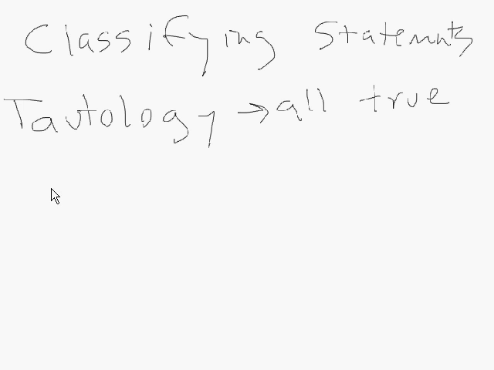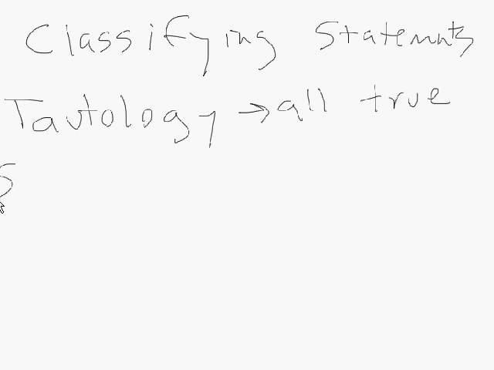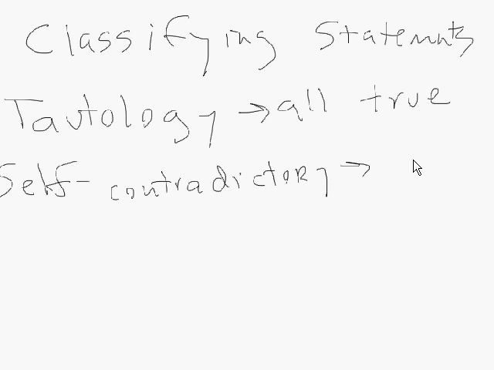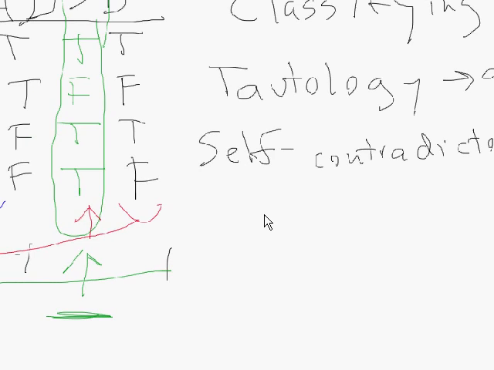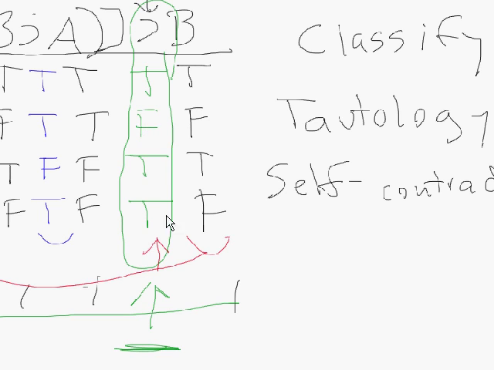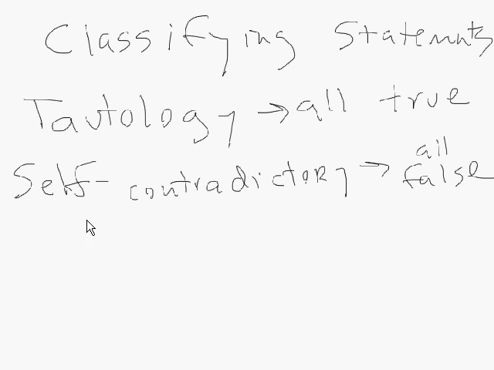The second here is self-contradictory, or you might say contradiction. And that's just the opposite, in which they're all false, right? So self-contradiction would be if all of these truth values ended up being false, then we would say that it's a contradiction.